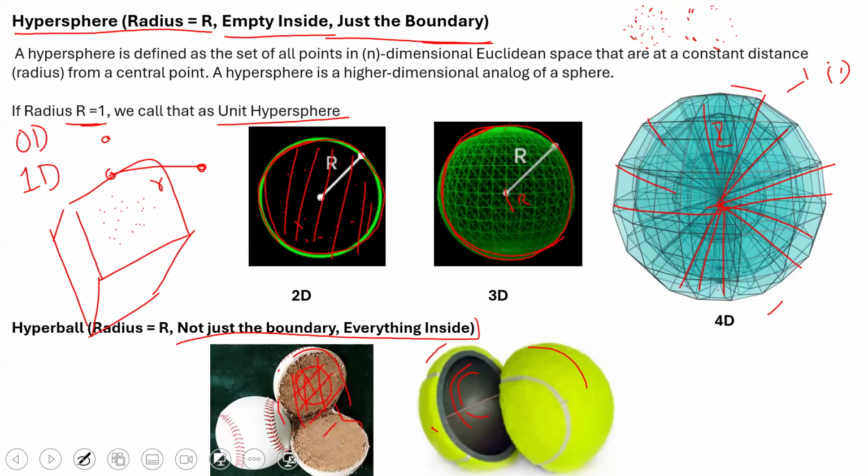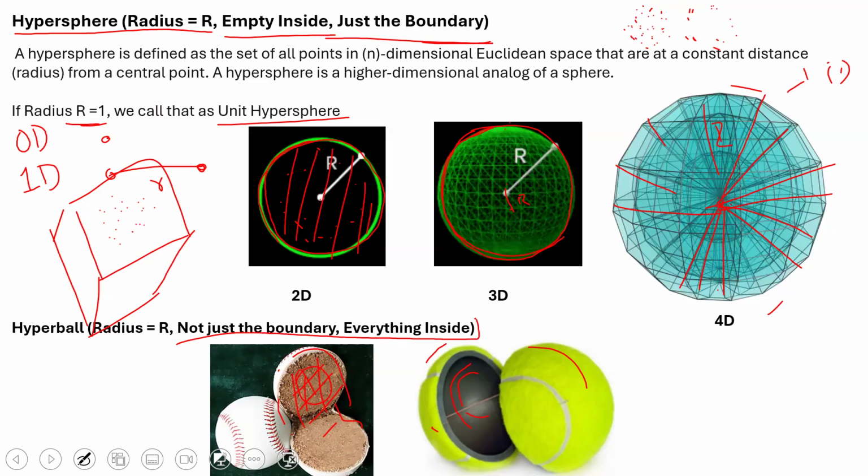Okay, so now we have studied what higher dimensions are, and what is a good example of a higher dimensional data set. Document comparison is a good example, where we have n number of unique words in the document. And then we have studied the hypercube, and we also have studied the hypersphere. We studied the hypercube in 0 dimension, 1 dimension, 2D, 3D, 4D, and we also have understood how it looks in higher dimensions.